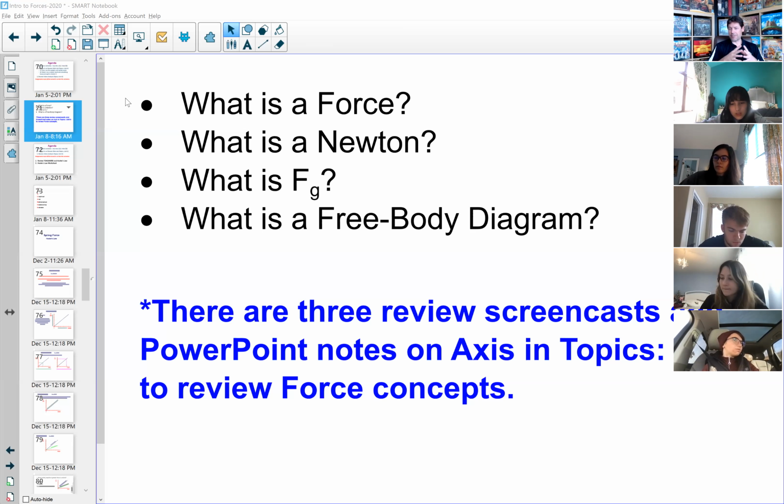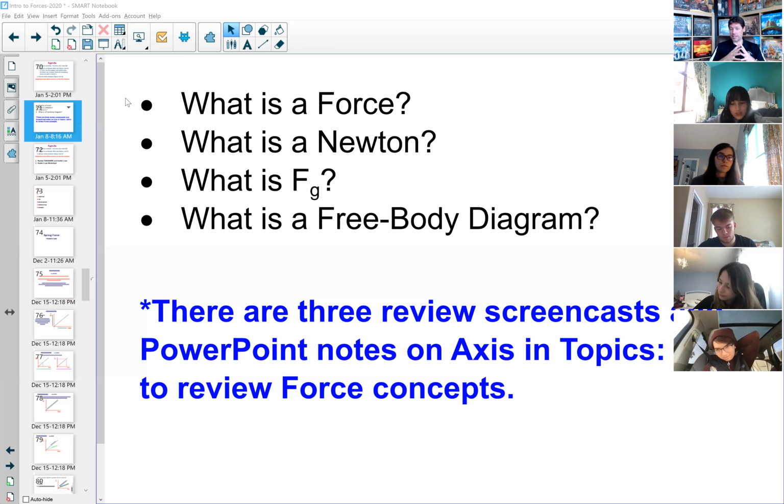How do we figure out the net force on our free body diagrams for those elevator scenarios? We compare the normal force and the gravity force, and which one's greater or less than. Good. So we just find the difference between those two forces. There's only two forces, normal and weight.